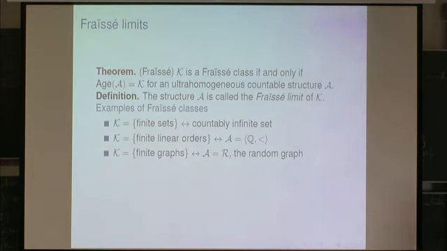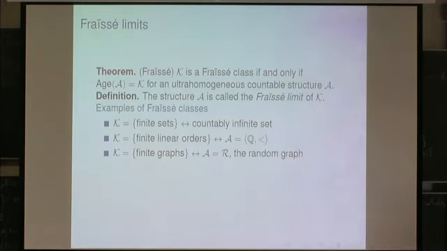And some easy examples. For example, if we take the collection of finite sets without any relations, then their limit will be an infinite set without relations. Okay, a little bit more interesting, if we take the finite linear orders, then their limit is the rational numbers with the usual ordering.